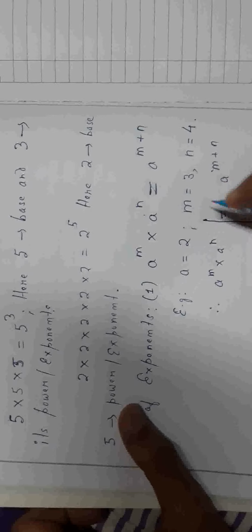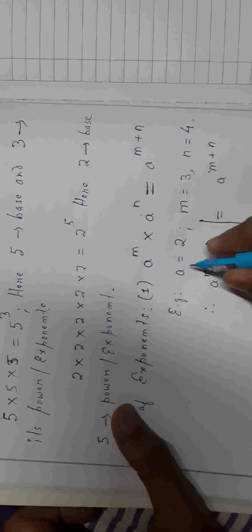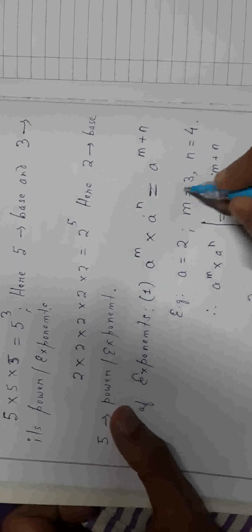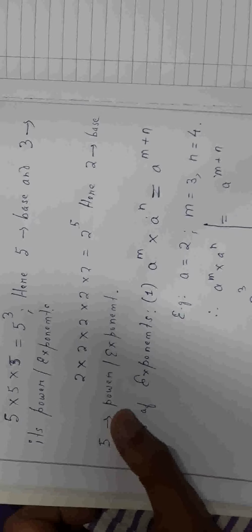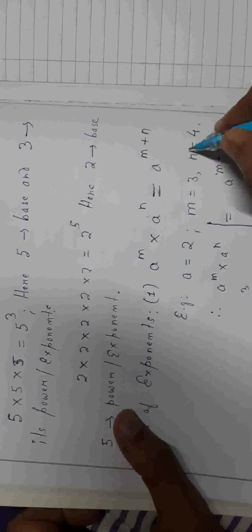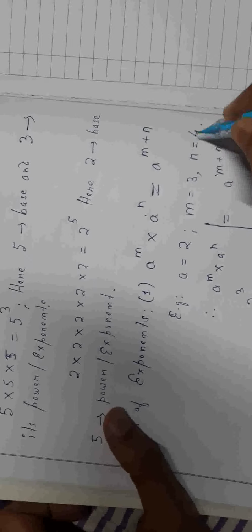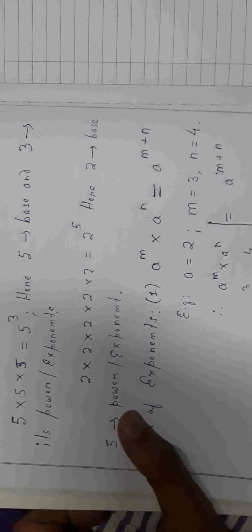Since I have taken the base as 2, I can write here 2, with m value as 3, then once again base 2 with the exponent we have taken as 4.